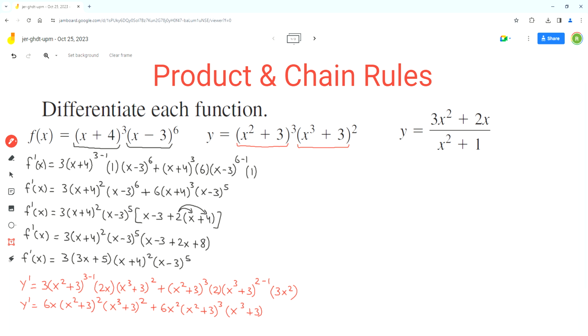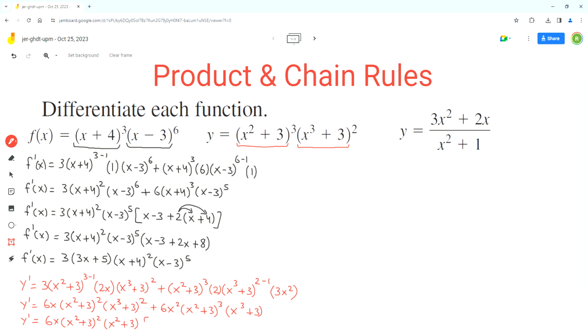Now we can simplify this expression by doing common factoring. So from these two terms we can factor out, so y prime equals, we can factor out 6x, and then we can factor out (x squared plus 3) squared, and we can factor out (x squared plus 3).